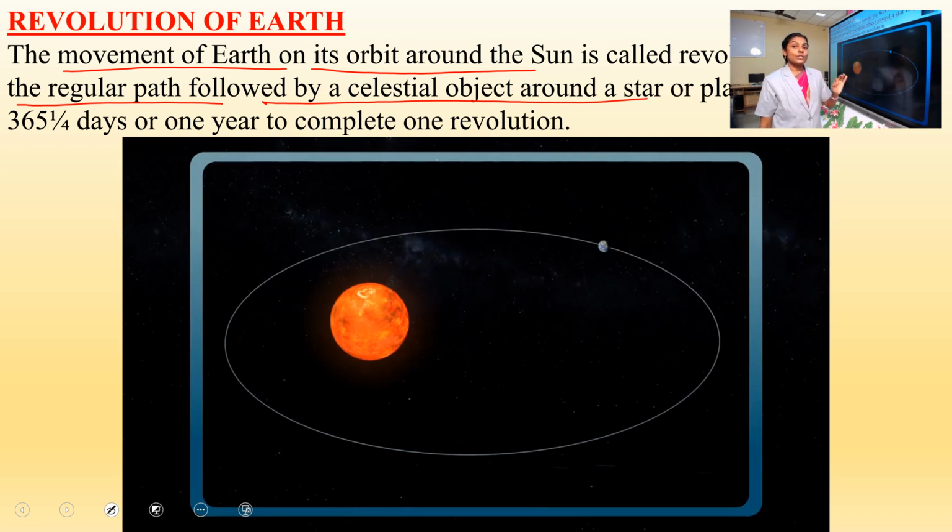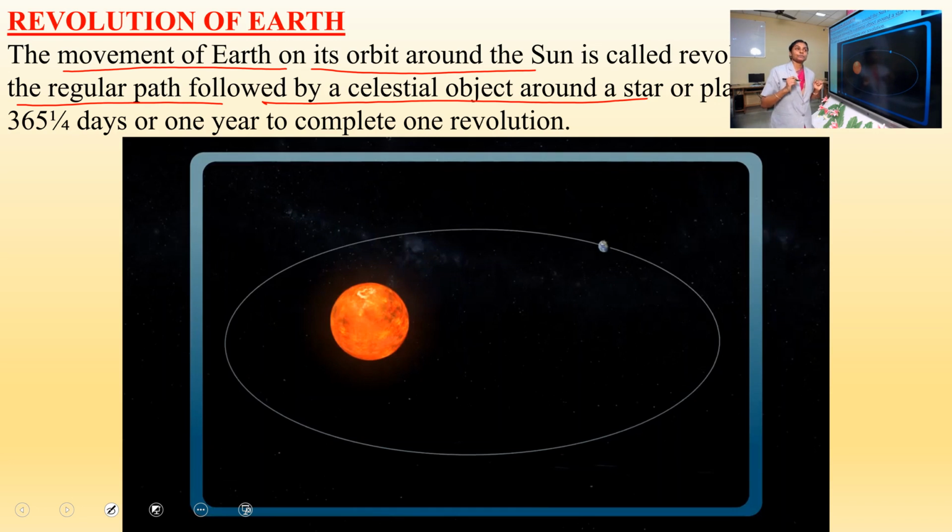Any natural body, not man-made, which is moving in space, we call it a celestial object. The Earth, Mercury, all those are celestial objects. So the regular path being taken by a celestial object around a star or planet is called orbit.